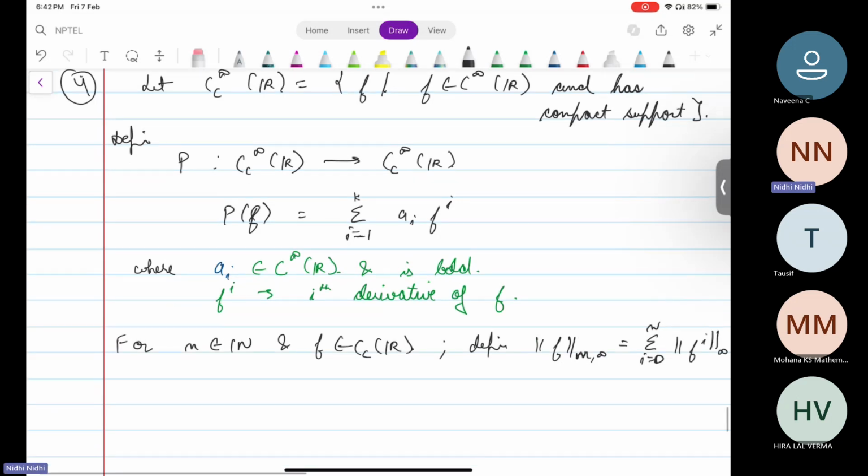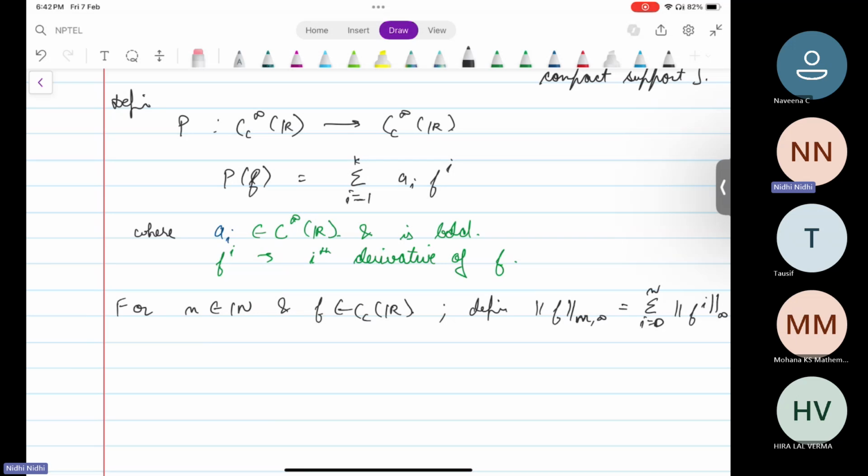So we know that the function is infinitely differentiable, and since it has compact support, obviously the rest of the derivatives will also have compact support, and hence the supremum norm will be finite for every i.